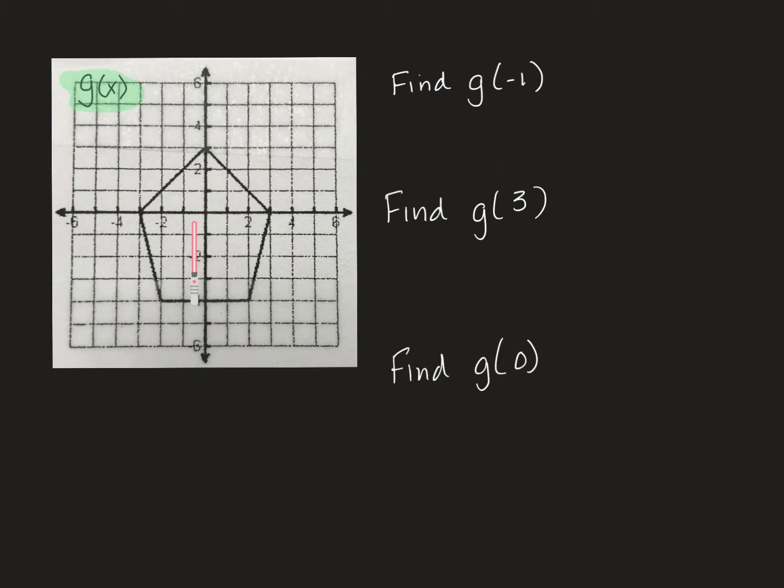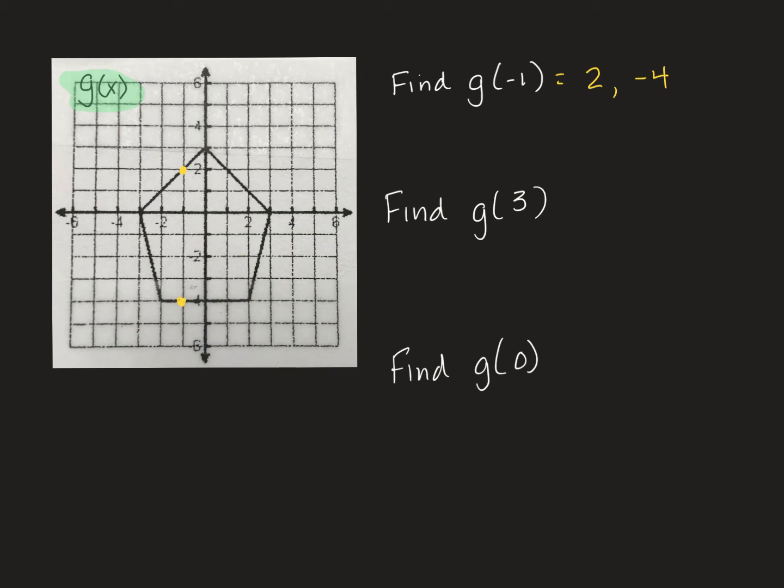So this is -1. Notice, though, I could go up and touch the graph. I can go down and touch the graph. So at -1, there's a point here and a point here. What are the y values at those 2 points? At those 2 points, it's 2 and -4. So this one I have 2 answers for.